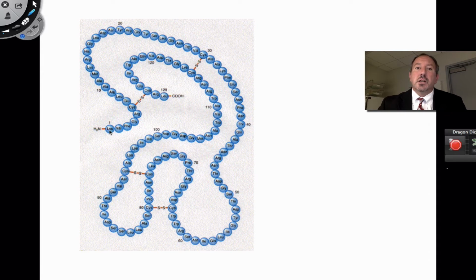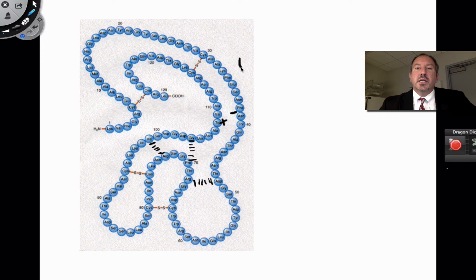A protein is a long chain of peptides or amino acids, but that's just the primary structure. The secondary structure is often helical or sheeted, called the beta structure. So the secondary structure can be either an alpha helix or a beta pleated sheet, held together by covalent bonds between amino acids, as you can see here, or hydrogen bonds between polar amino acids, or even ionic bonds.